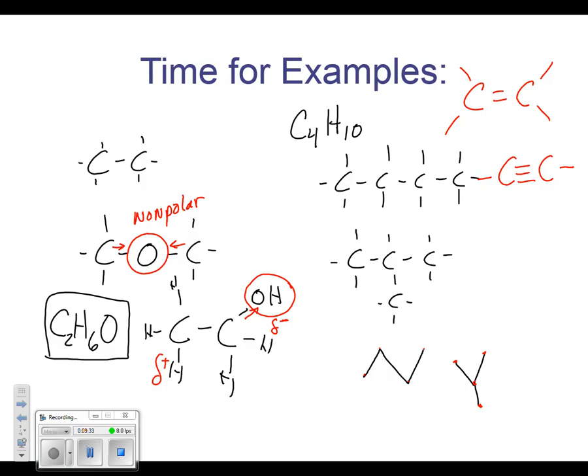When they are single bonds like this, it actually looks more like this because they bend to try and get the hydrogens as far away as possible from each other. So here's hydrogens up here, here's hydrogens down here, and here's my 3 hydrogens on the end. So they bend to get them as far away as possible. Okay? Because remember that tetrahedral shape. So it's not a perfect straight line.